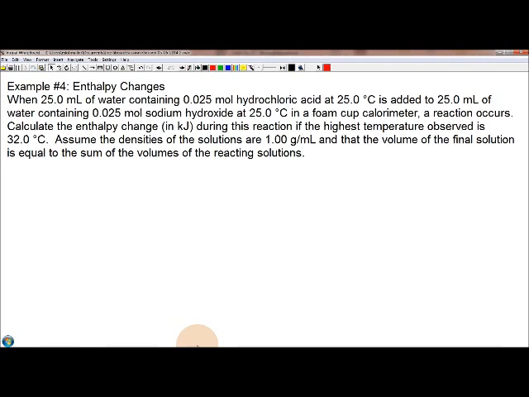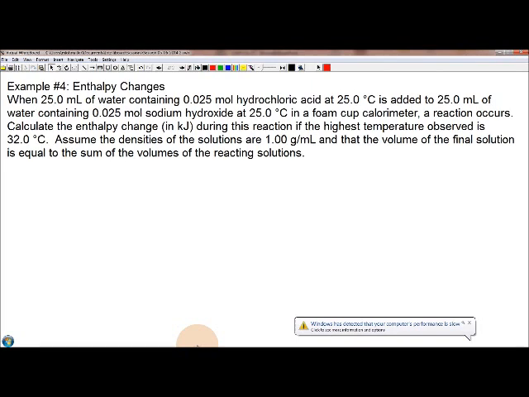Calculate the enthalpy change in kilojoules during this reaction if the highest temperature observed is 32 degrees Celsius. Assume the densities of the solutions are 1.00 grams per milliliter and that the volume of the final solution is equal to the sum of the volumes of the reacting solutions.